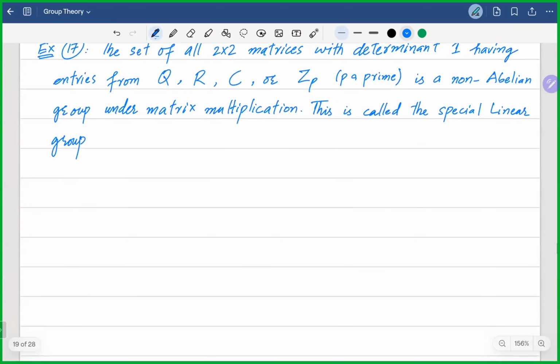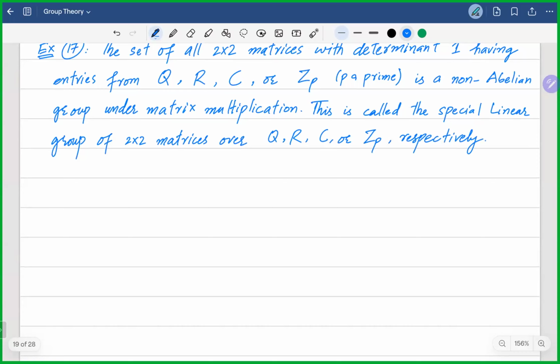A special linear group of 2 cross 2 matrices over Q or C or Zp respectively. Okay.